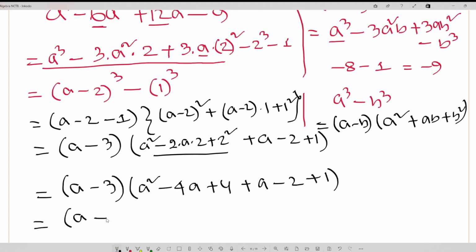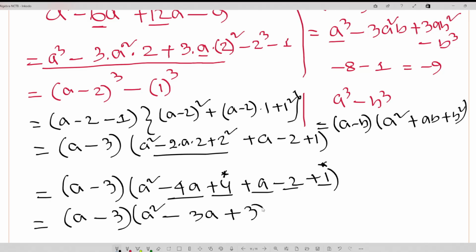Okay, so here is a minus 3, then here is a square minus 4a and plus a, it will become minus 3a. Then here is plus 4 minus 2 plus 1, it means 4 plus 1 is 5, minus 2 is 3, and this is our answer.